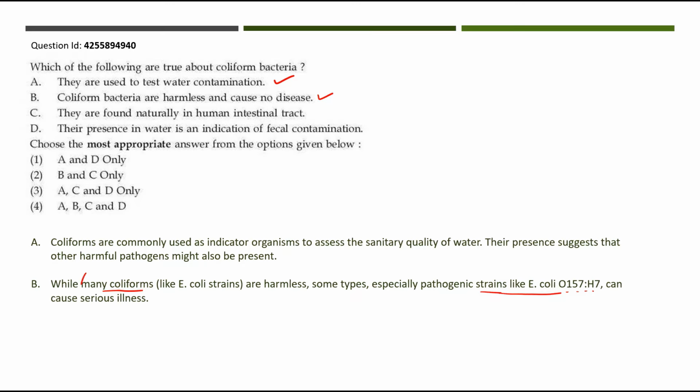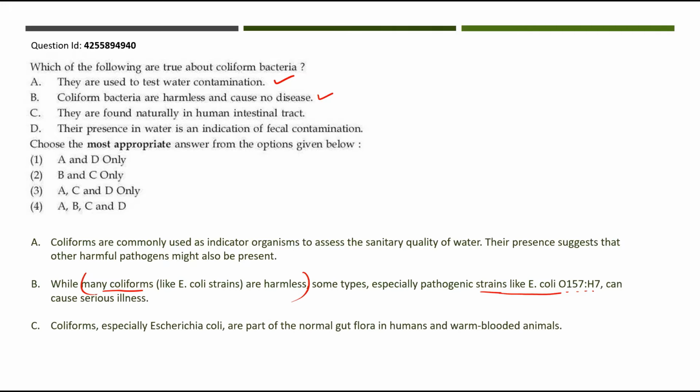So we are only considering this particular part. Next statement. They are found naturally in human intestinal tract. Coliforms, especially Escherichia coli, are part of the normal gut flora in humans and warm-blooded animals. C is also true.